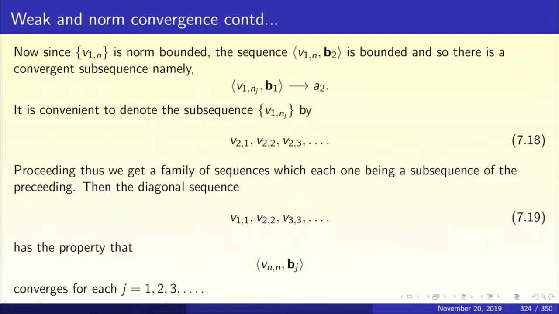So proceeding thus, we get a sequence of subsequences, and you simply take the diagonal sequence. What is the diagonal sequence? V11, V22, V33, etc. This diagonal sequence 7.19 has the property that after a finite stage, the jth stage, say Vjj onwards, it will be a subsequence of the jth subsequence in our list.